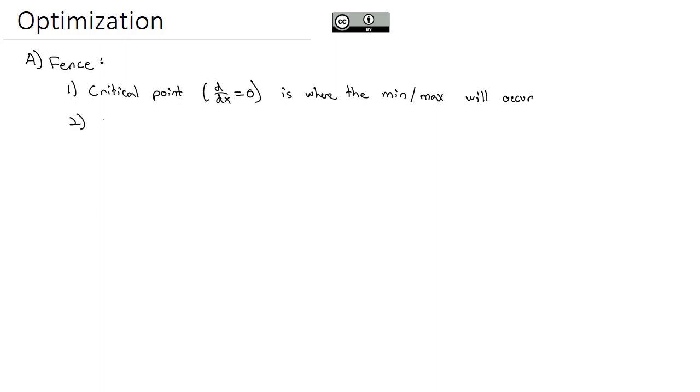So let's say a farmer has 300 feet of fence to make a rectangular area with 5 long sections.